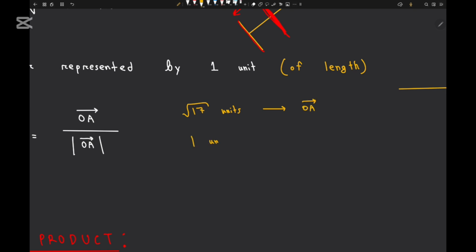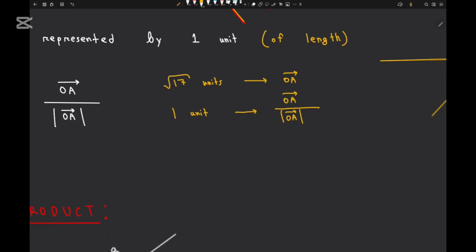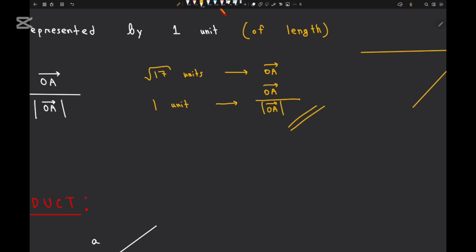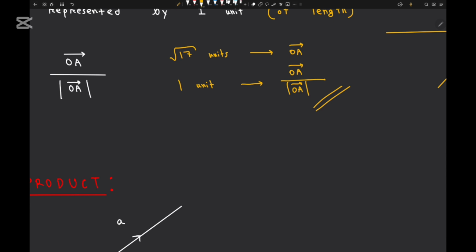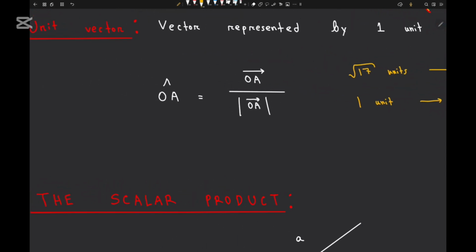So 1 unit can be represented by the OA vector divided by root over 17, and we know that root over 17 is basically the modulus of the OA vector. So this is the formula to find the unit vector of a single vector: the unit vector can be written as the vector divided by the modulus of the vector, and the notation for a unit vector is this symbol.